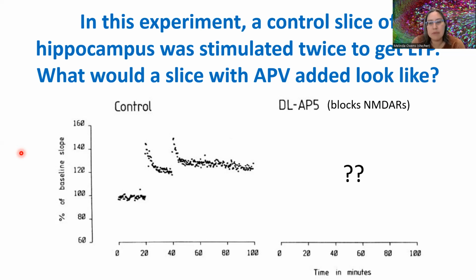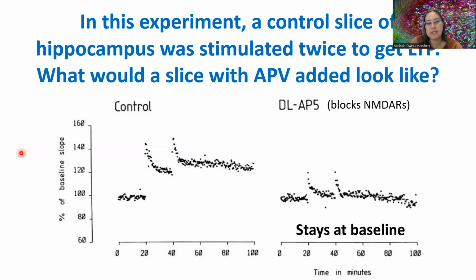Well, we said that our NMDA receptor was the coincidence detector, and it is where all the LTP starts, late or early. So without it, it's going to stay at baseline. You're going to get short-term potentiation, but that's going to decay within minutes, and otherwise you're going to stay at baseline.